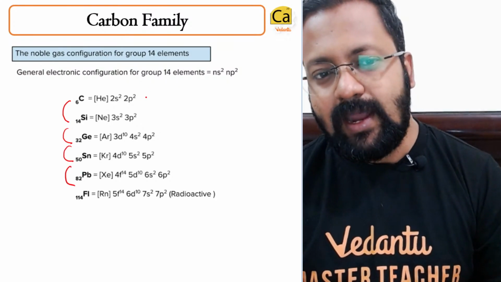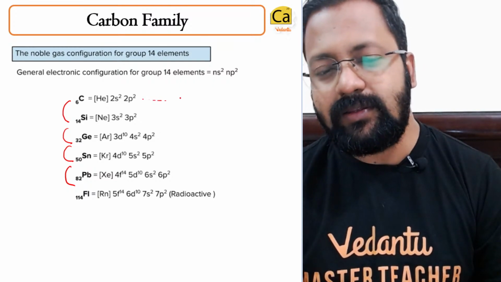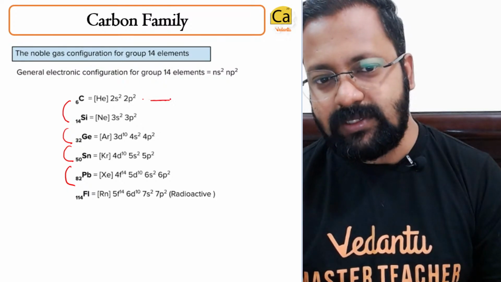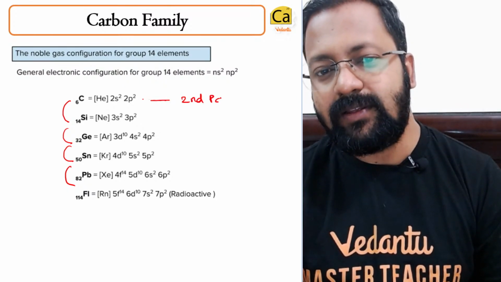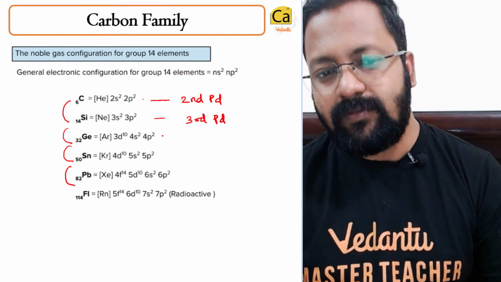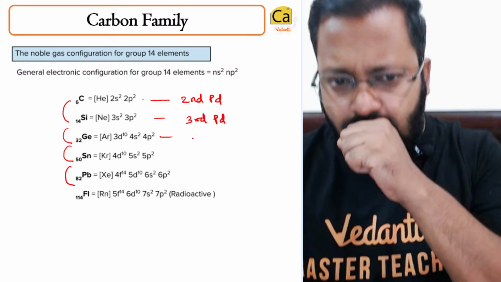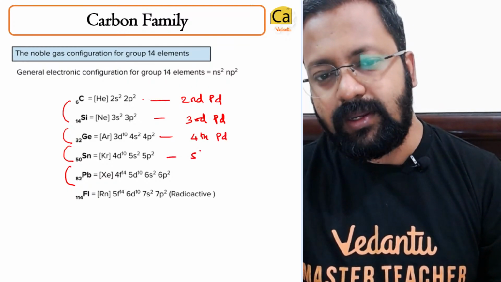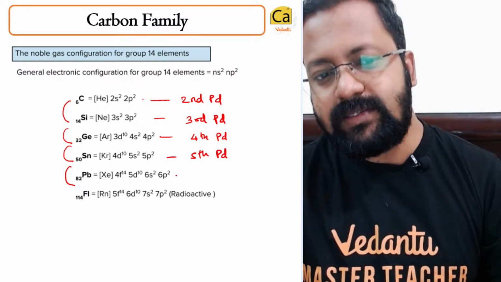So carbon is present in the second period, then third period, fourth period, fifth period and sixth period, where lead is present.